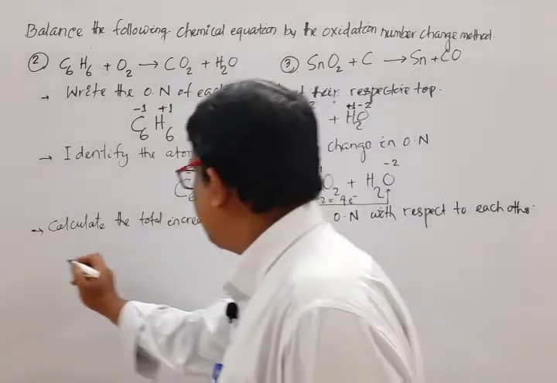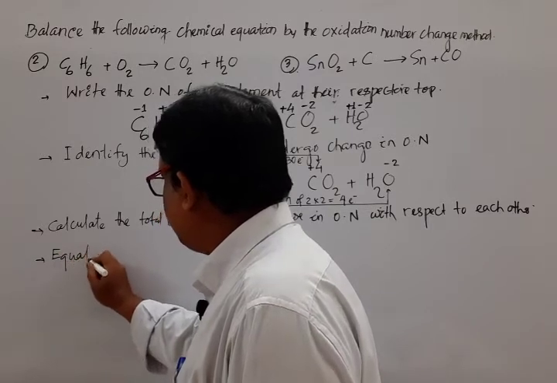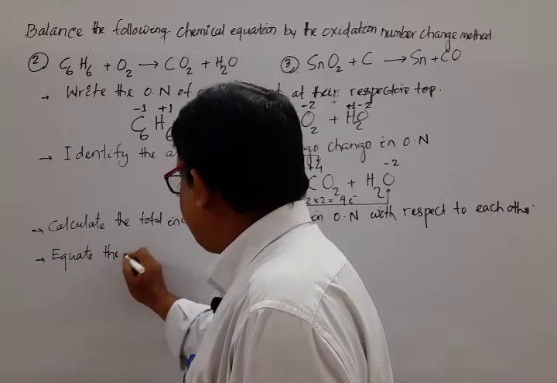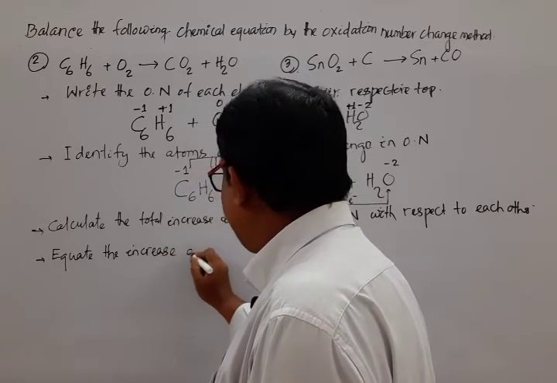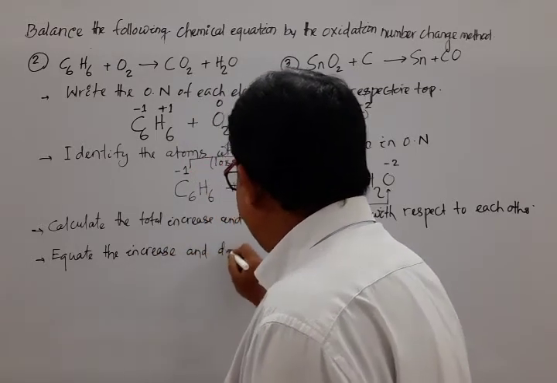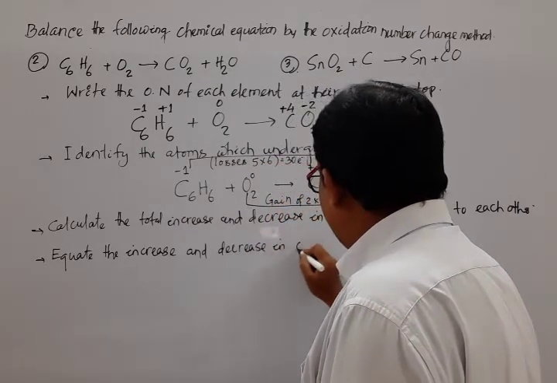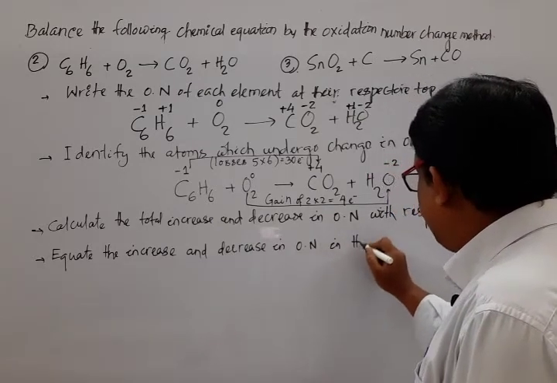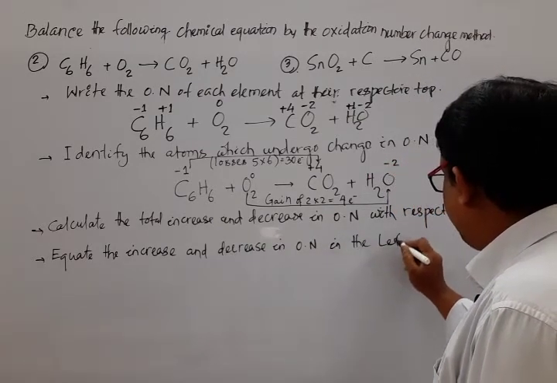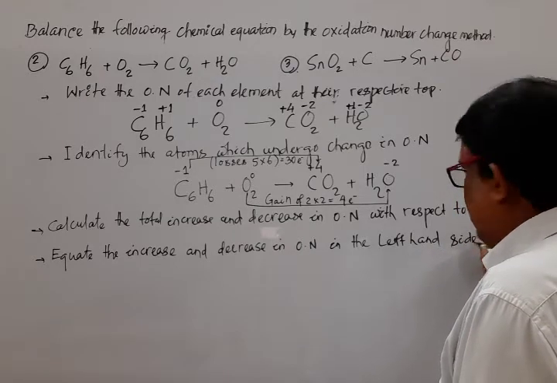equate the total increase and decrease in oxidation number on the left hand side by multiplying by a suitable integer.